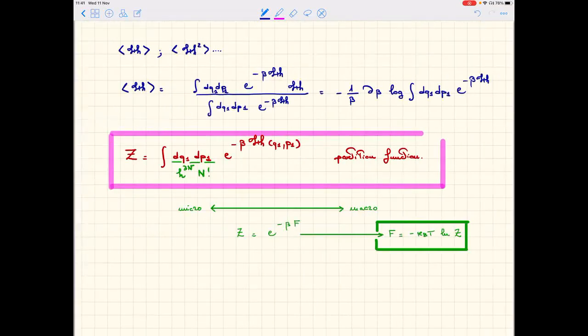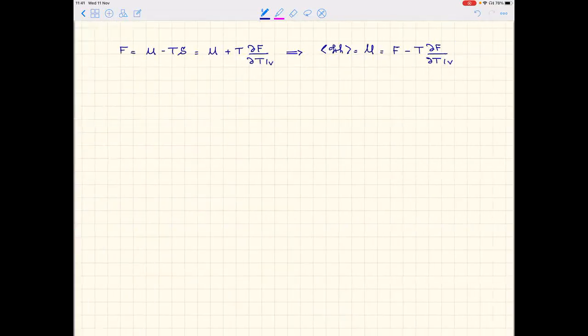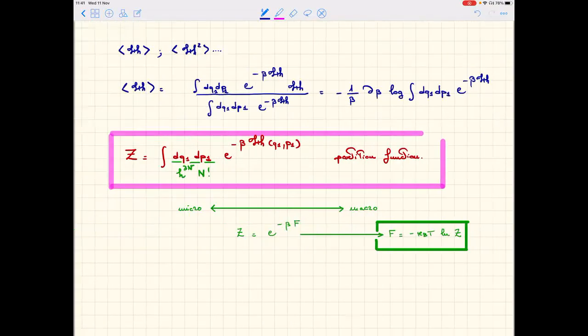Therefore, if this expression is correct, I have to obtain that when I compute the average energy, this is given by F minus T dF/dT, with the expression of the free energy given by this formula here. This is fundamentally important.